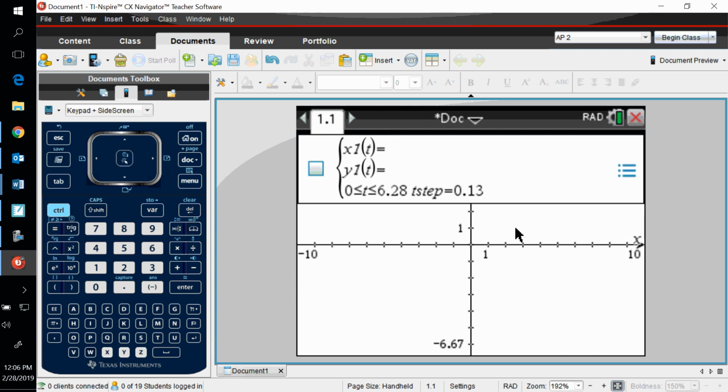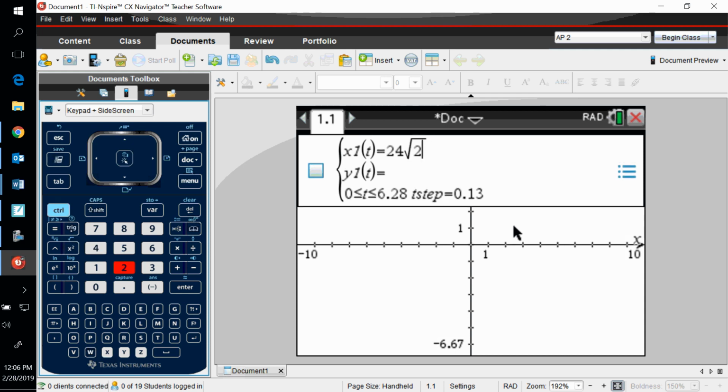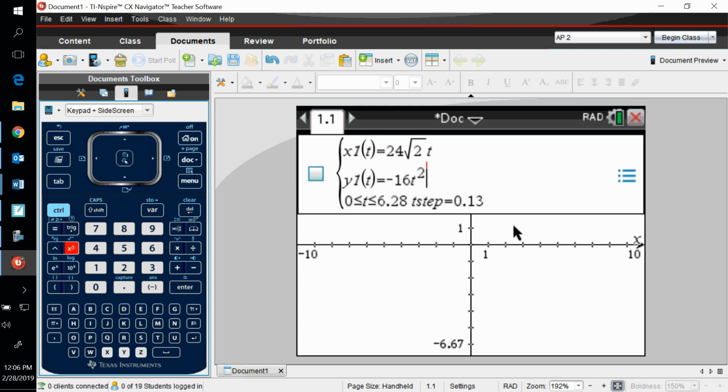So our x component was 24 square root of 2 t, and we'll put in our y component, our negative 16 t squared plus 24 square root of 2 t.